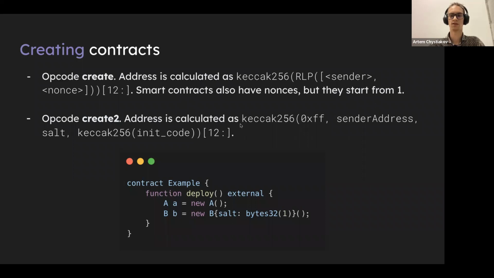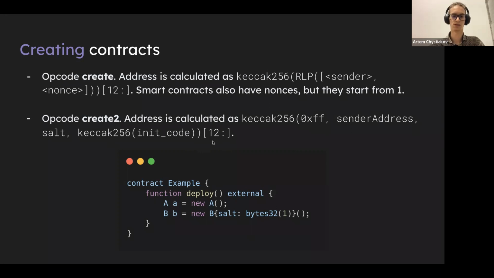The address is calculated as the keccak256 hash of the concatenation of a special byte, the sender address, which in our example is the example contract, then a special salt, and the hash of the creation bytecode of the contract that you are deploying.